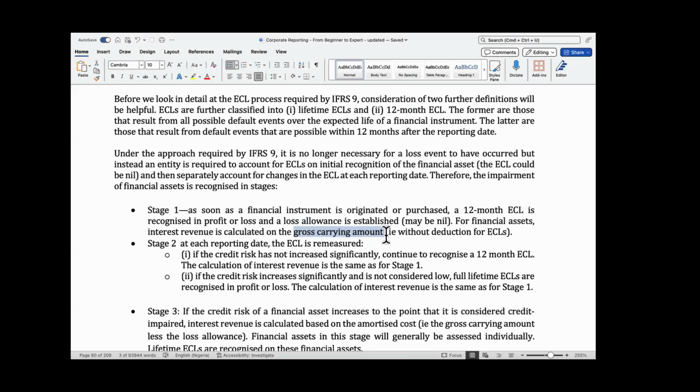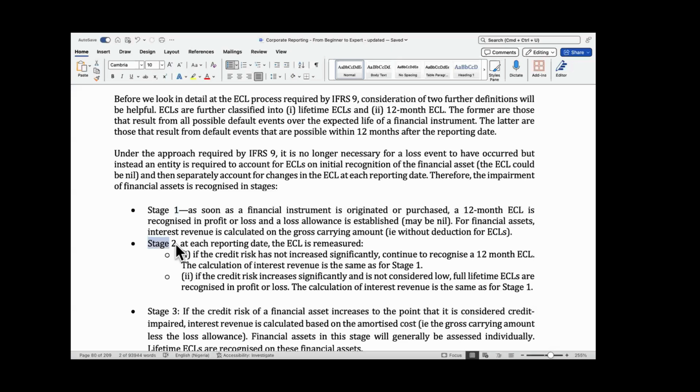You calculate it on the gross, because it's not like you have lost the money, right? So at origination, 12 months ECL, your interest revenue will still be on the gross carrying amount. So no issue. That's stage one. Immediately you invest, you classify that financial asset as stage one for impairment purposes, and you make it 12 months ECL.